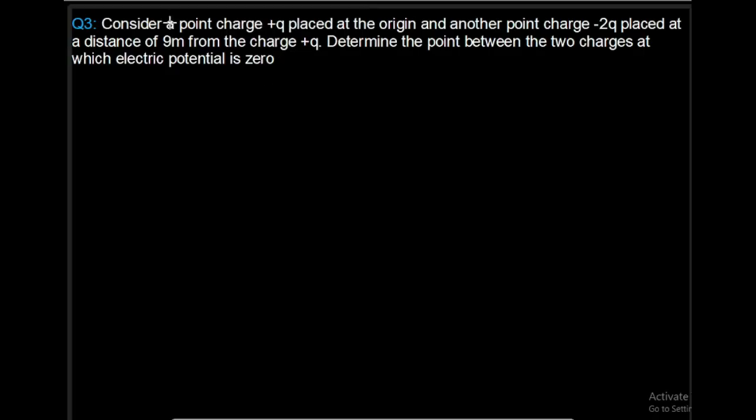Now our next question here says, consider a point charge plus Q placed at the origin and another point charge minus 2Q placed at a distance 9 meter from positive Q charge. So we have two charges, positive Q and minus 2Q. Minus 2Q is at a distance of 9 meters from this charge.